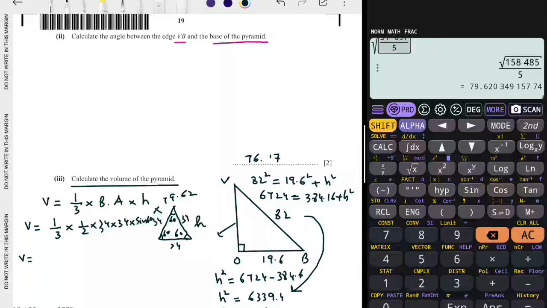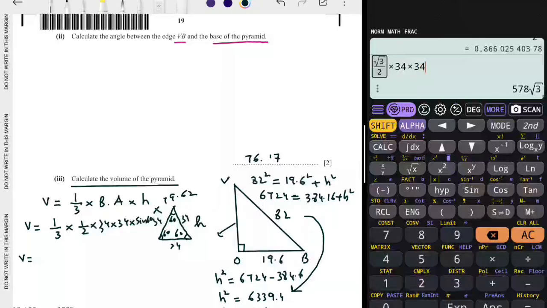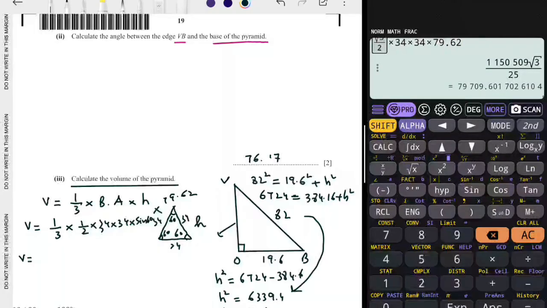First of all, sine 60 is equal to 0.866, multiplied by 34, multiplied by 34, multiplied by 79.62, and now we have to divide it by 6.